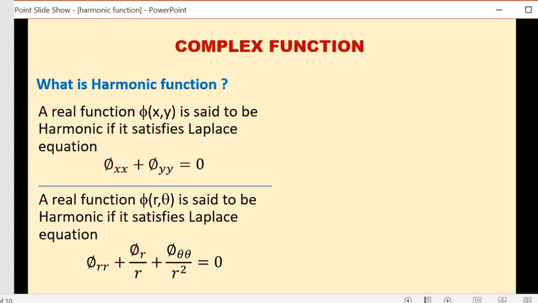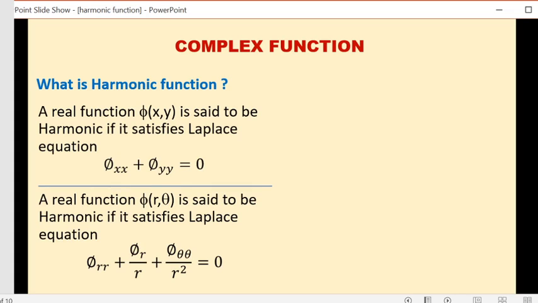The function is in the Cartesian form, the function is phi, so you find phi xx, you find phi yy, and you add them. Suppose the answer is not 0, everything doesn't get cancelled. What can you conclude from that? Not harmonic. Very good. So if it satisfies the Laplace equation, then it is harmonic. If it does not satisfy the Laplace equation, then it is not harmonic. So that is very clear.